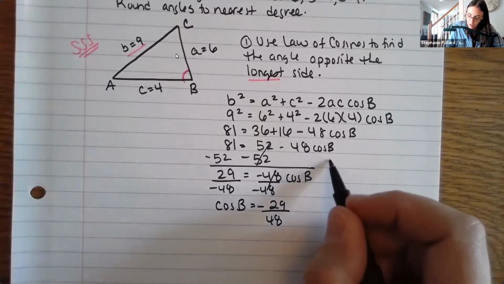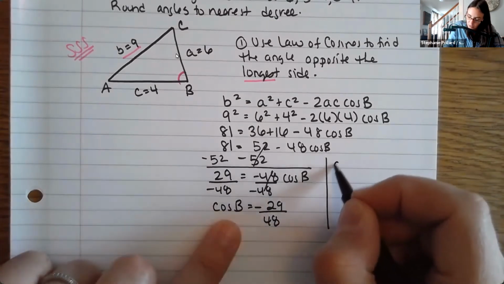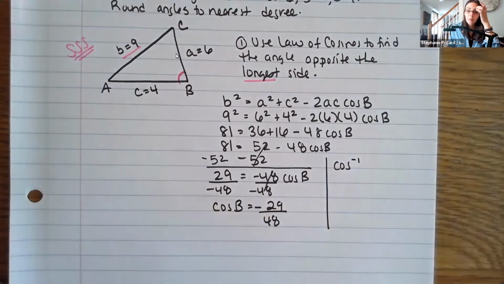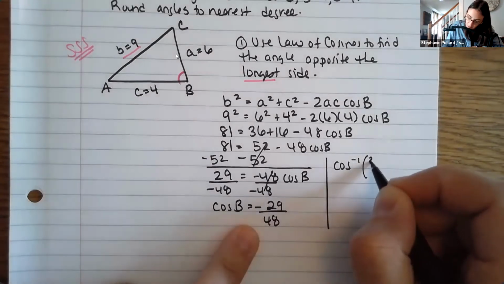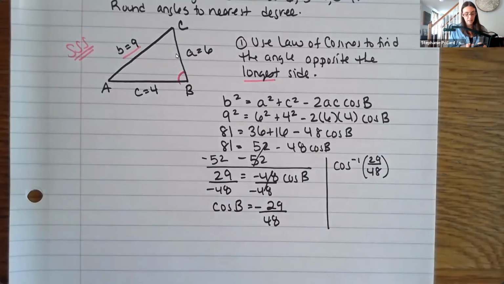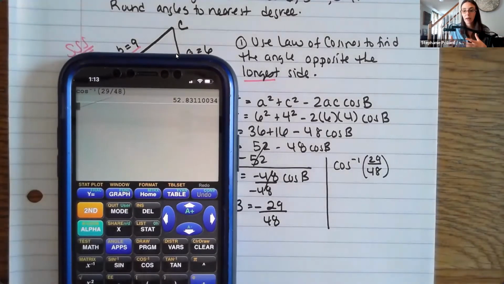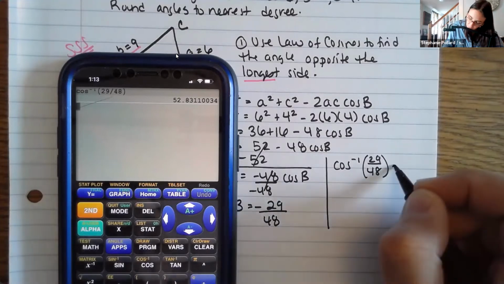Now I do want to find this angle, and I'm going to use cosine inverse. But remember before we were doing the inverse of the positive version instead. So I'm going to do that here and figure out what the inverse of 29 over 48 is to start. When I do that, I get about 52.8. So I'm going to round this to about 53 degrees.